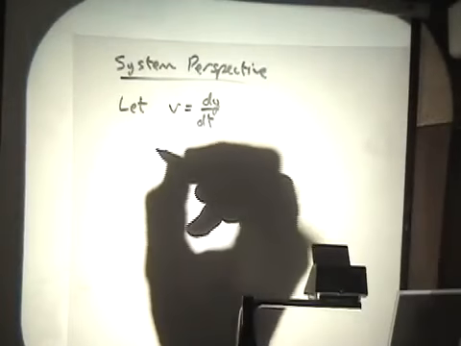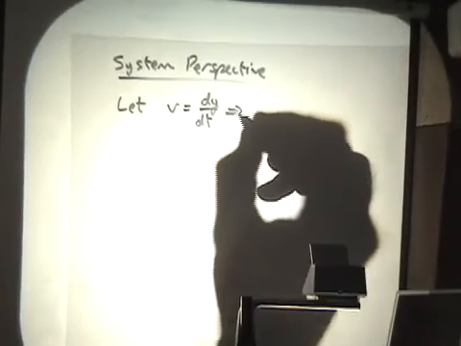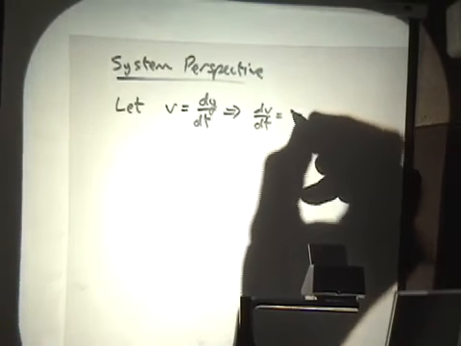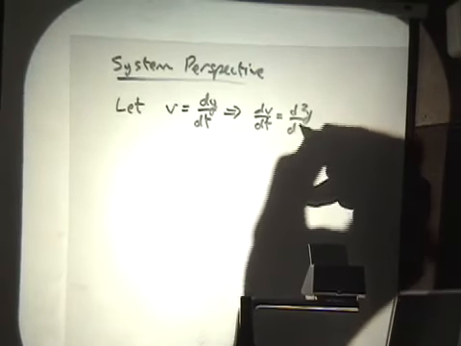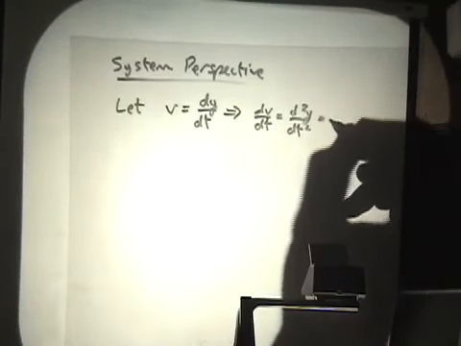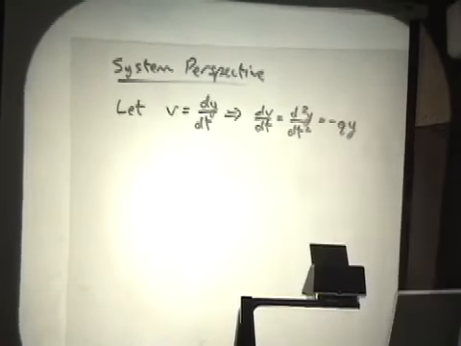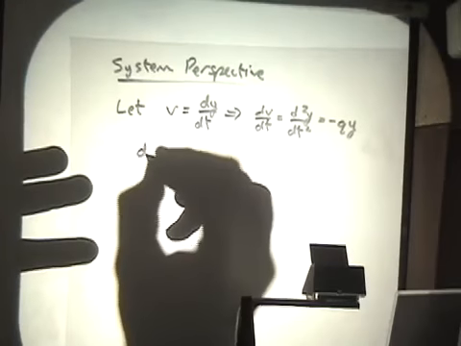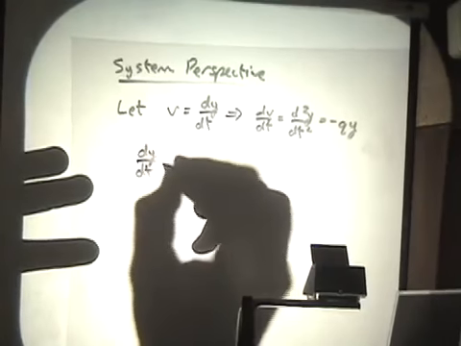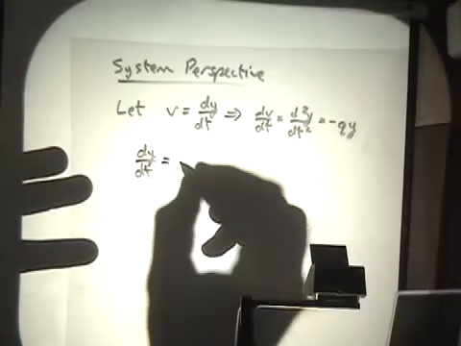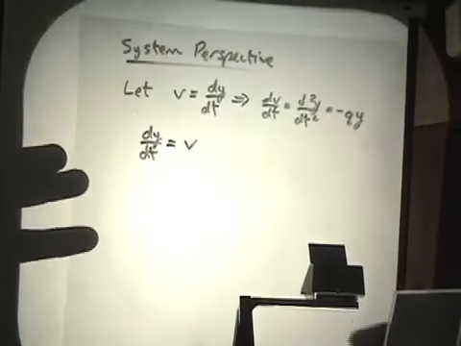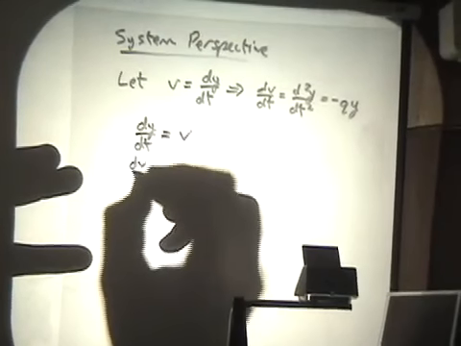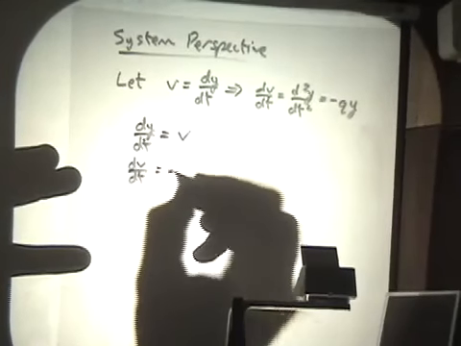The other equation is obtained from differentiating both sides of this one. dv dt is the second derivative of y with respect to t, which we already know is negative q times y. So the resulting system that you get, if we put the derivatives on the left-hand side, dy dt equals v is the first equation in your system, and dv dt equals negative qy.